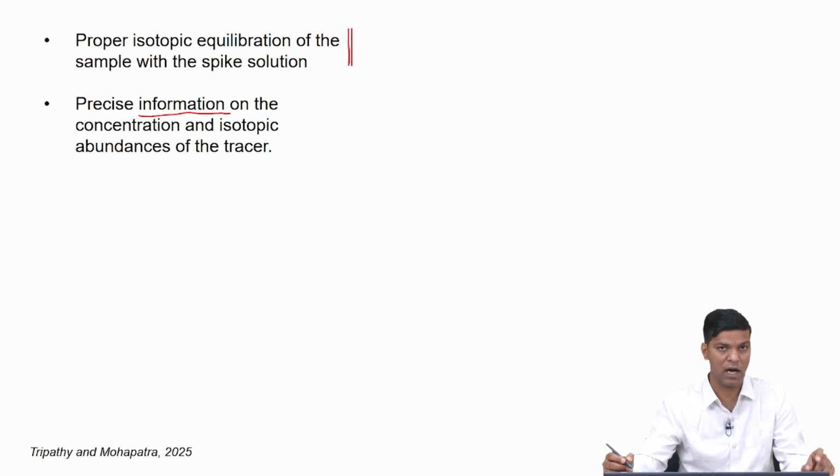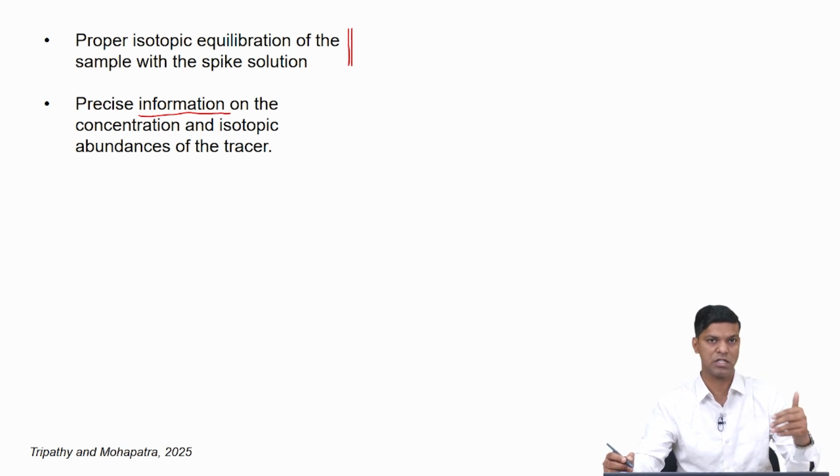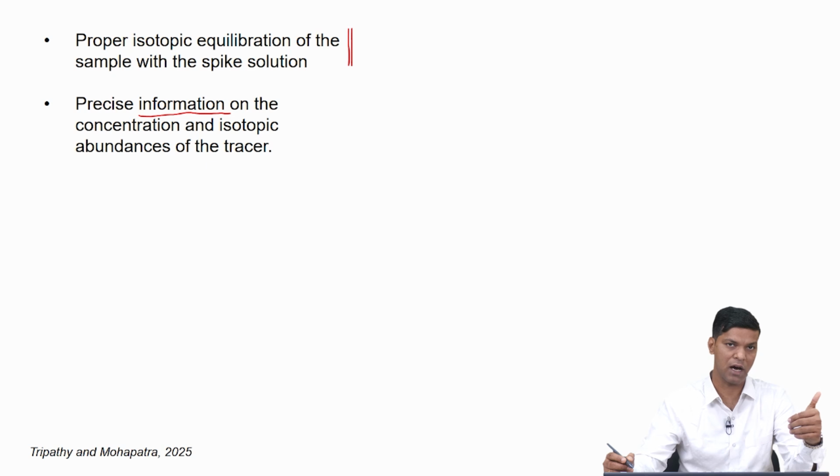If they are not isotopically equilibrated, then you may not find a precise number, and often that happens when the oxidation state of the element is different for sample and spike. So, while you are conducting the experiment, you must ensure that the mixture is in isotopic equilibration in terms of the sample and spike mixing.